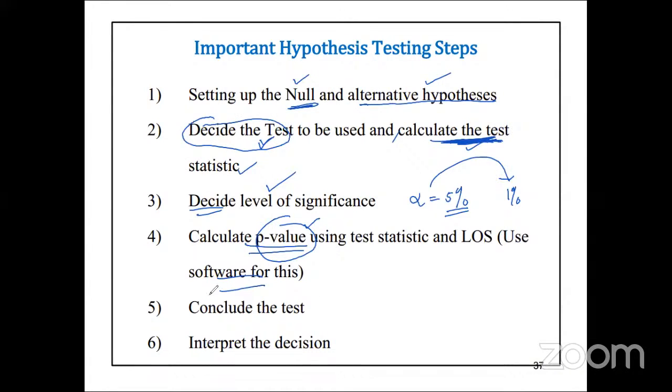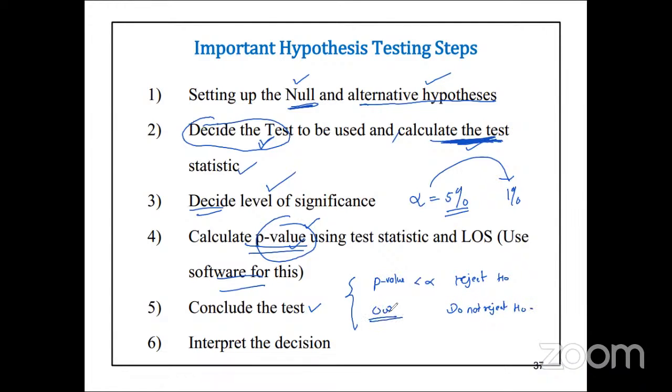So using software, you'll reach the p-value. Based on the p-value, you are going to conclude. The conclusion would be like this: if p-value is less than alpha, then reject H0, otherwise do not reject H0.